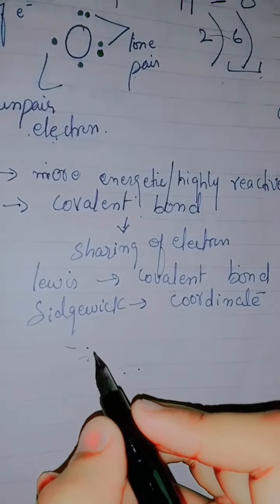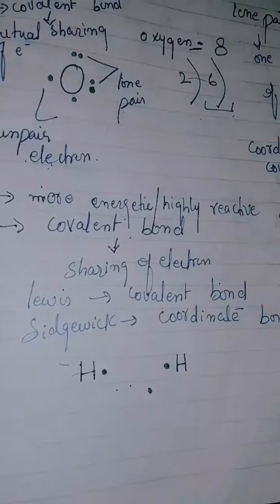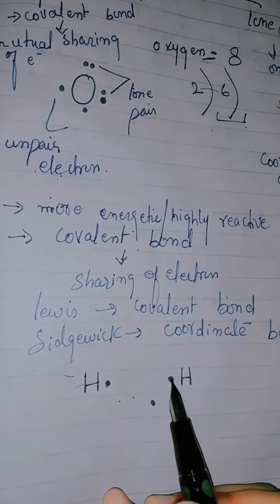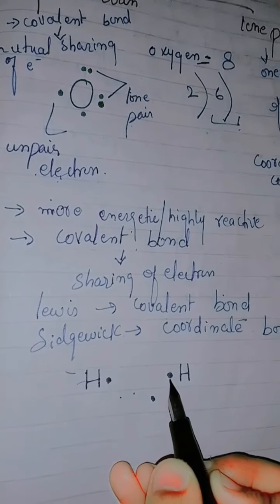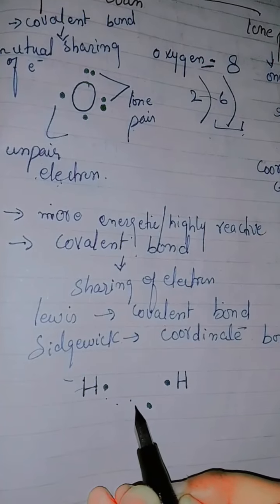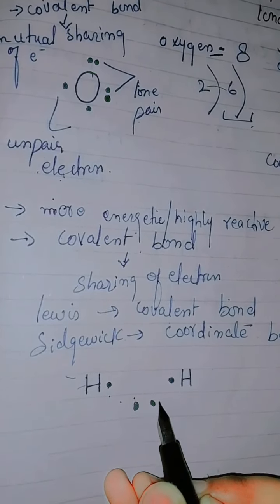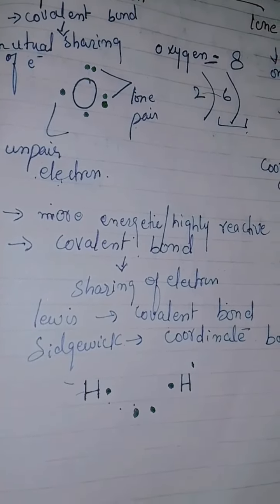For example, taking the example of hydrogen and hydrogen. That is the example of unpaired electrons. So there will be mutual sharing of electrons. Hydrogen will share its electron, and here hydrogen will also share its electron. So the hydrogen loses its electron, there will be a positive charge on it, and the nuclear force increases.